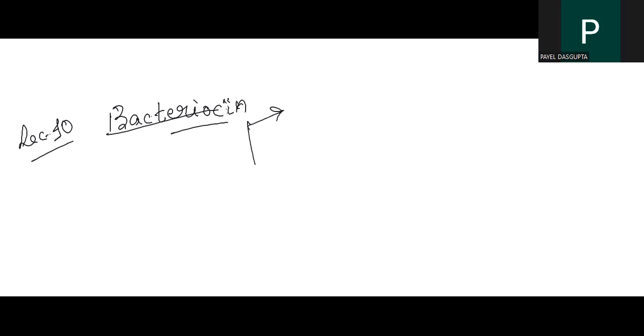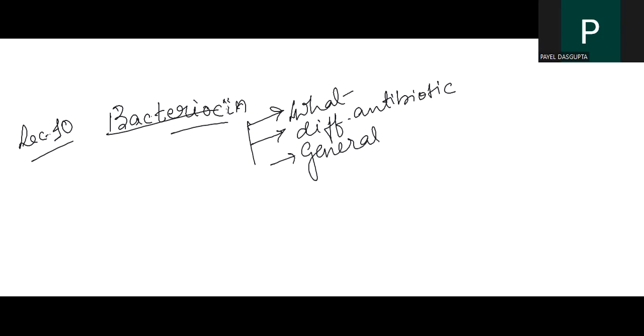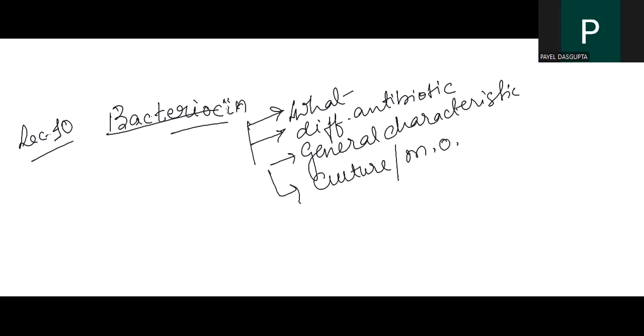The outline of the lecture: bacteriocin, what is it? What is the difference between bacteriocin and antibiotic? How is it different from antibiotic? The general characteristics of a bacteriocin. Some of the cultures, or you can say microorganisms, which are used for bacteriocin, and what is the application.